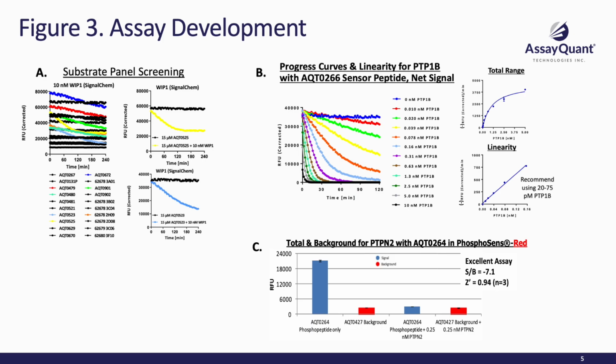The red bars show the unphosphorylated substrate, which are comparable to AQT-0264 with PTPN2, which indicates complete dephosphorylation. The Z prime for this assay is 0.94, which indicates an excellent assay.